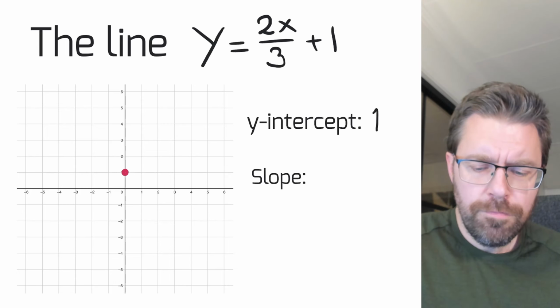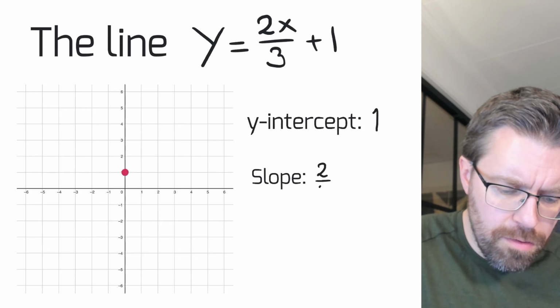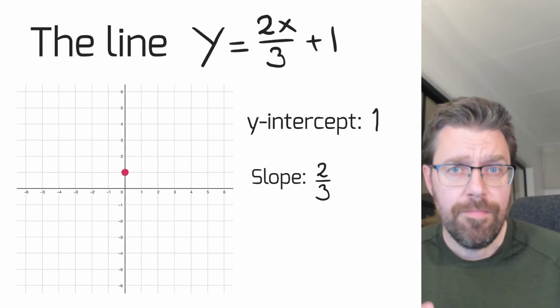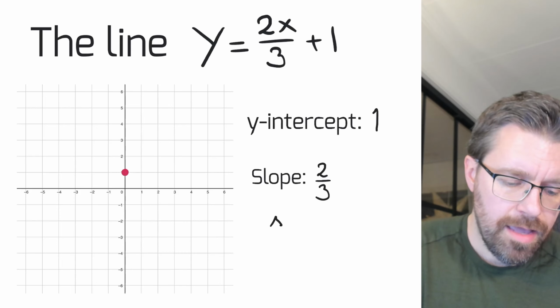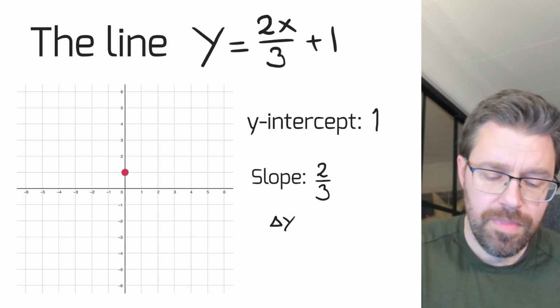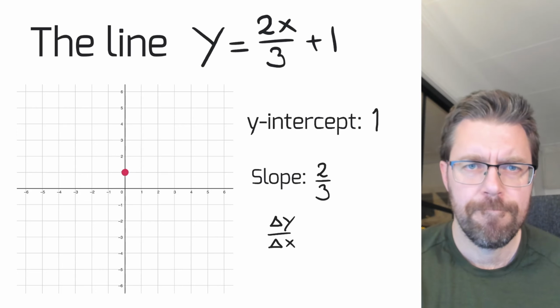But how do we draw a line that has slope 2/3? The slope can always be written as change in y divided by change in x.